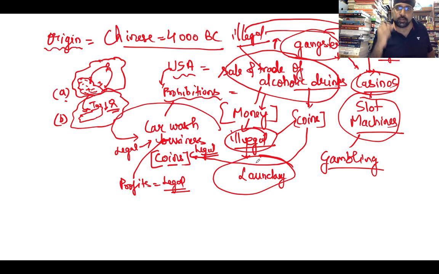Those laundromats are places where you have big washing machines. People go there, put their dirty clothes inside a washing machine, insert some coins, and through those coins, the washing machine begins to operate.